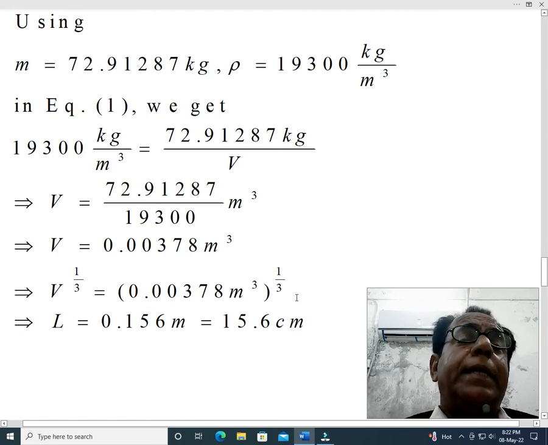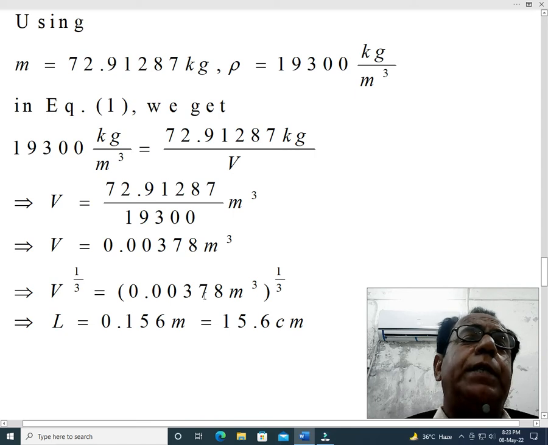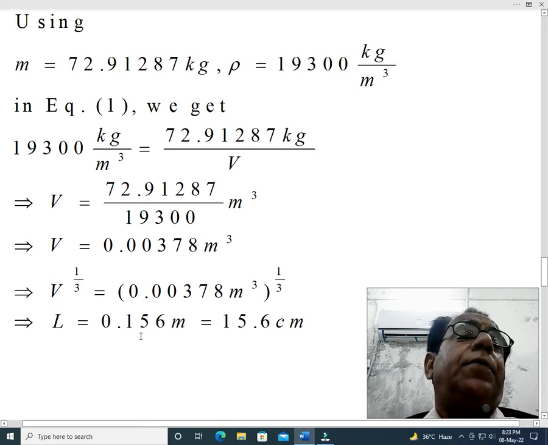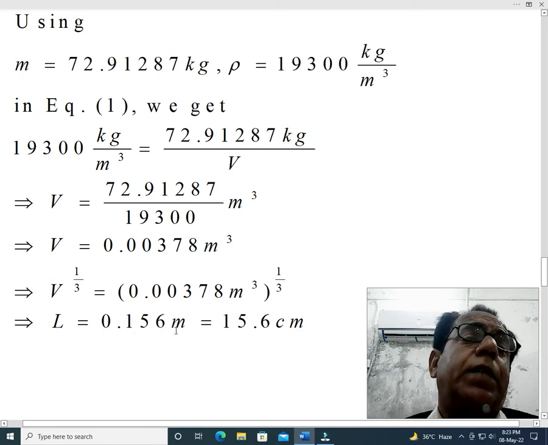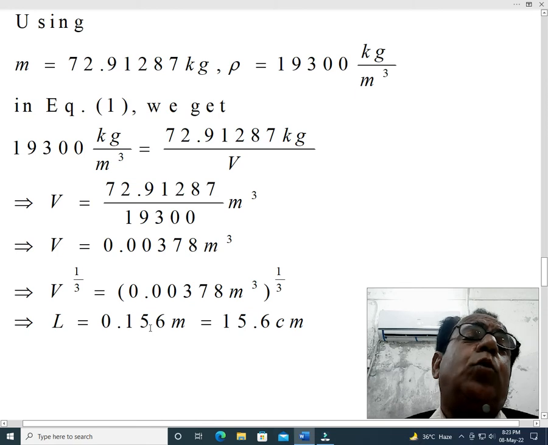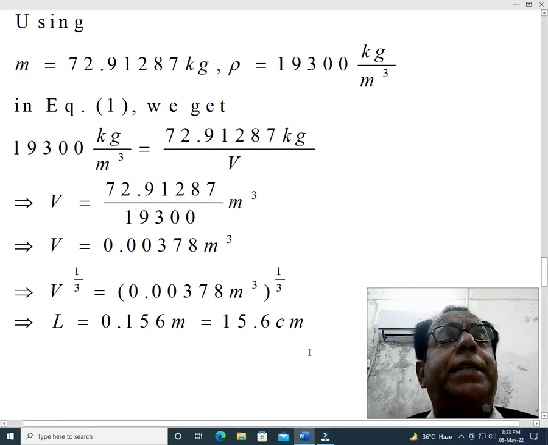That is to say 3 will be cancelled with this 3, and cube root of 0.00378 will become 0.156 meter. It can also be converted into centimeter by multiplying it with 100. When we convert meter into centimeter we multiply with 100. When we convert centimeter into meter we divide by 100.